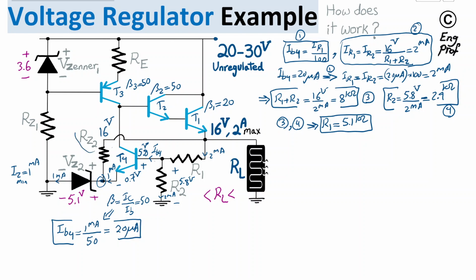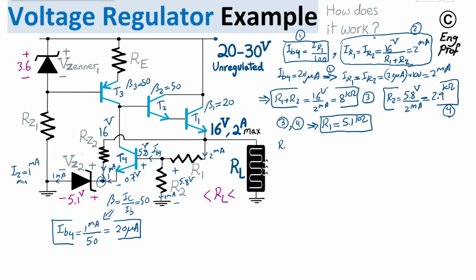So across this RZ2 we have 16 and then 5.1. I can select RZ2 such that it provides at least 1 milliamp current, so that at least that 1 milliamp is coming this way as a backup. Whether it becomes 1 plus 1, 2 milliamp doesn't affect anything, because the maximum current that a Zener diode can tolerate is usually on the order of 30, 40, 50 milliamp. So we are far, far lower than that, and everything is fine.